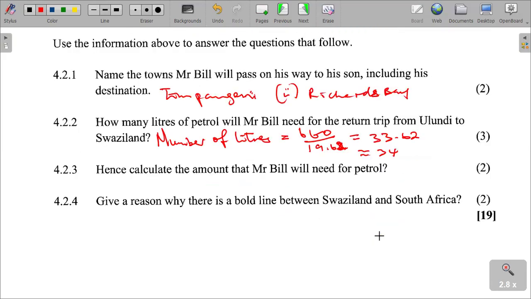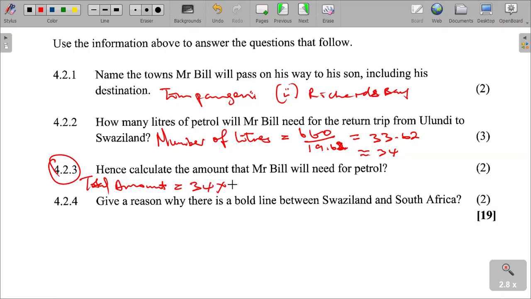And then hence calculate the amount of money that Miss B will need for petrol, the total amount needed for petrol. The total amount that he needs here is equals to the total liters multiplied by, we are saying the liters is 34, times how much?